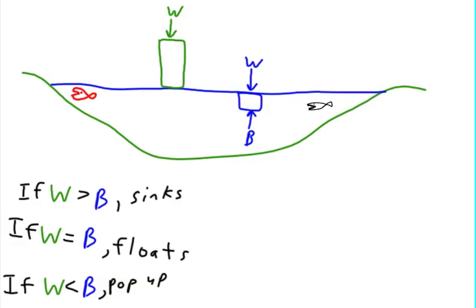So if the object has not displaced any fluid, the weight of the displaced fluid equals 0, which means the buoyant force equals 0, which means the net force will be downwards, because the weight acting on the object is not being balanced by a buoyant force. And so, of course, this object will begin to sink.